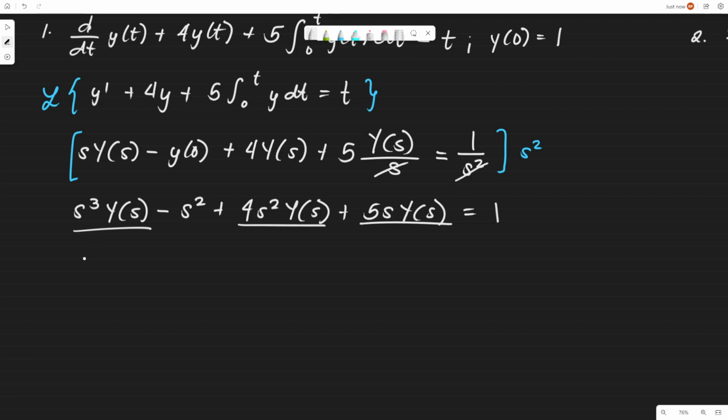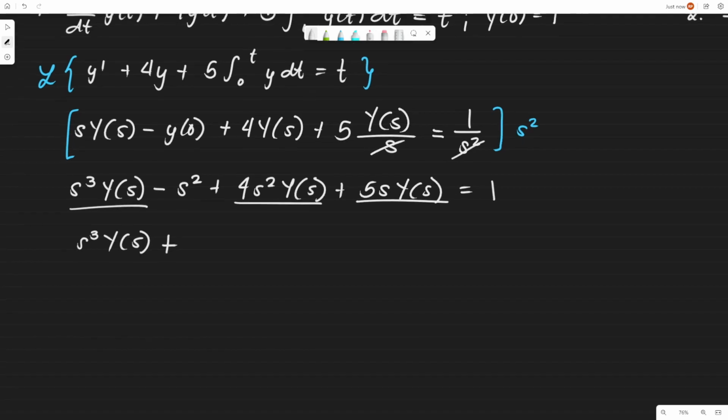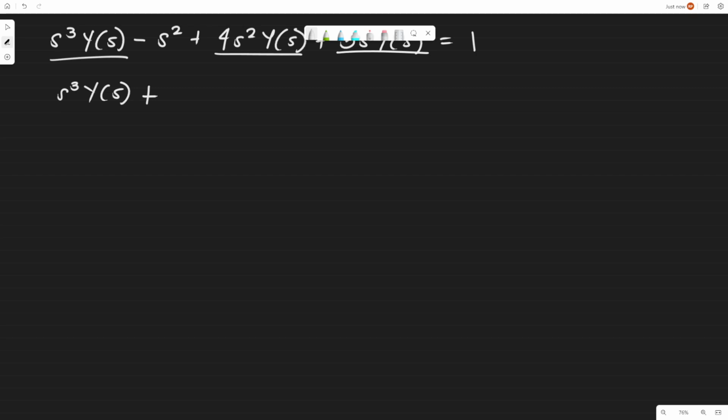So we will have here s cubed y of s plus 4s squared y of s plus 5s y of s is equivalent to 1 plus s squared.